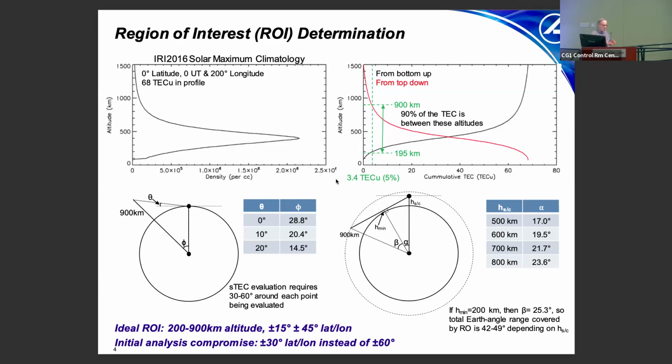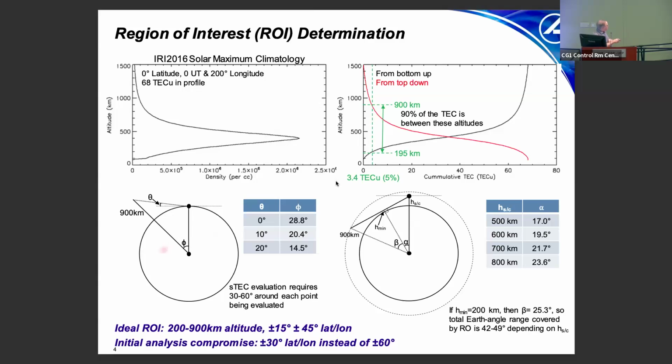One, our metric is total electron content from the ground, not necessarily vertical, could be slant path. So we want to have that incorporated in our analysis. You can see on the left picture the geometry that requires. If you go down to 20-degree elevation angle, then you need an Earth solid angle of a little less than 15 degrees. That corresponds to a certain region of the ionosphere you want covered.